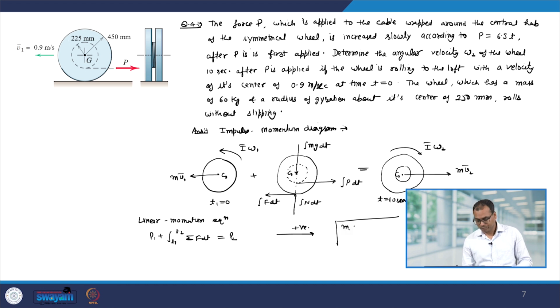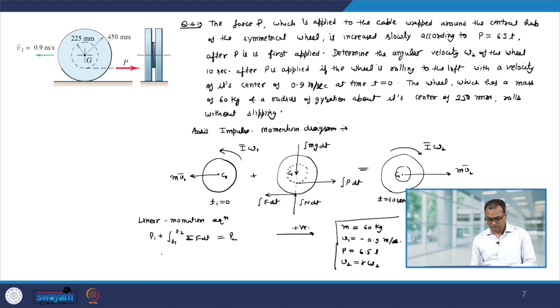For example, m is equal to 60 kg, v1 is equal to minus 0.9 meter per second, P equal to 6.5 t and v2 equal to r omega 2. So, let us put this over here.